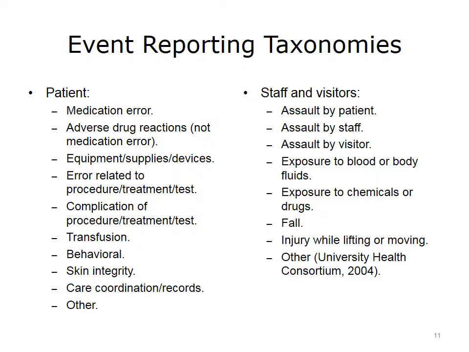Furthermore, they include adverse drug reactions, behavioral events, and complications of procedures, treatments, and tests that are not necessarily attributable to error. Finally, they include care coordination issues that place the patient at risk. Each of these broad event types is potentially preventable. We can learn from them by analyzing the systems and processes surrounding the event.